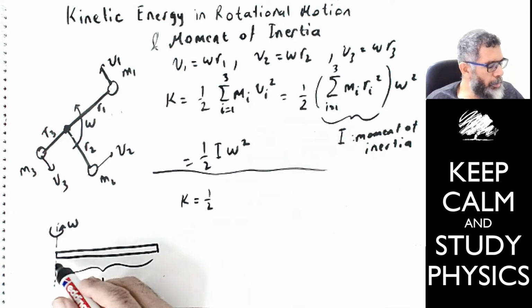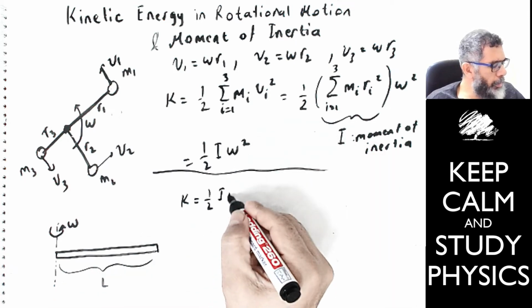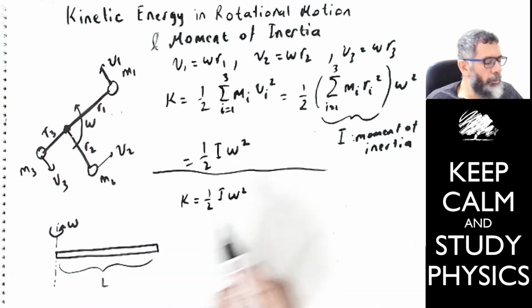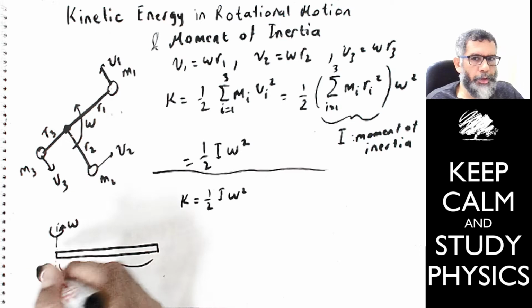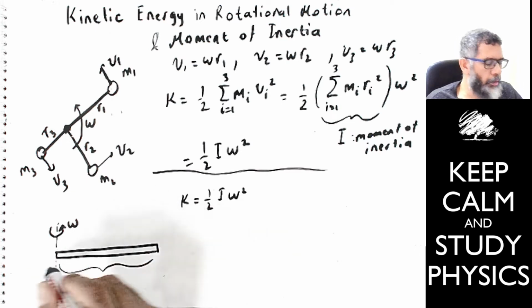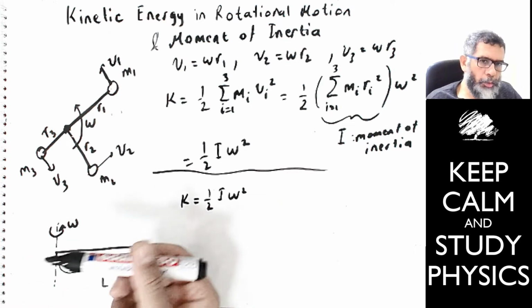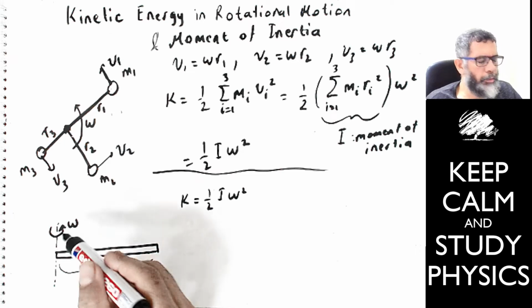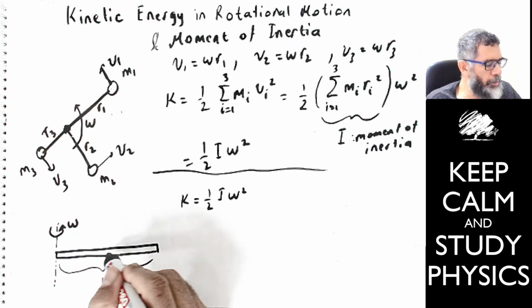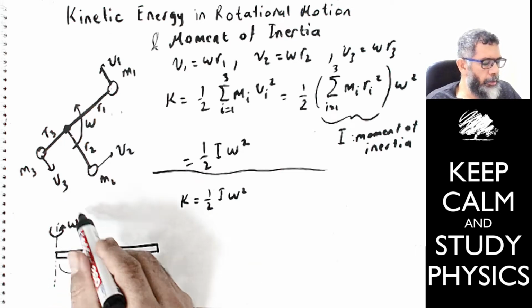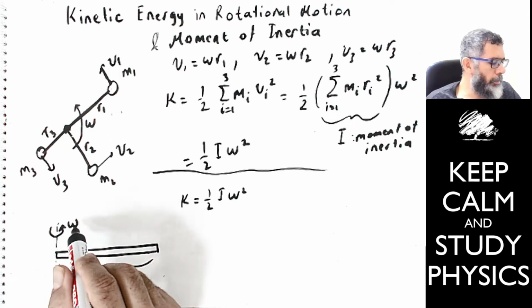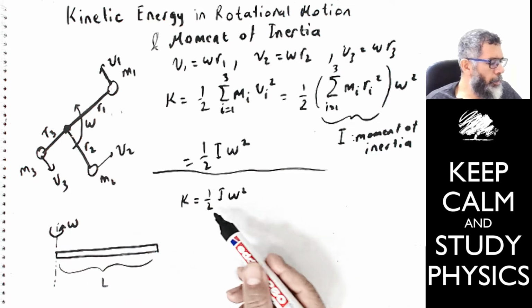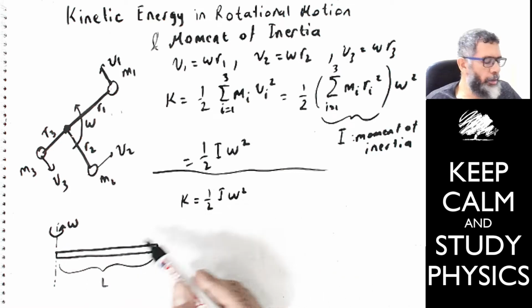Since the rod is rotating as a continuous extension, every single point of mass on it rotates with the same angular speed or angular velocity.